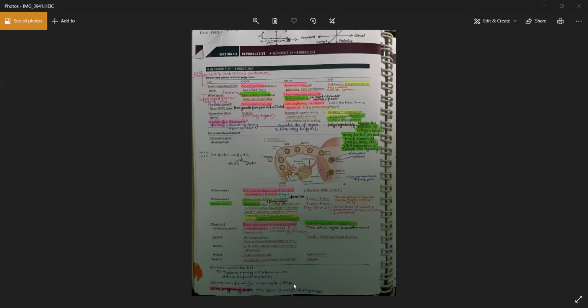Now you cannot have reabsorption of this beta HCG in the kidney, right? So then only you can have this beta HCG in the urine, and that's when you will detect this HCG in the urine by the home pregnancy test, right? Thank you.